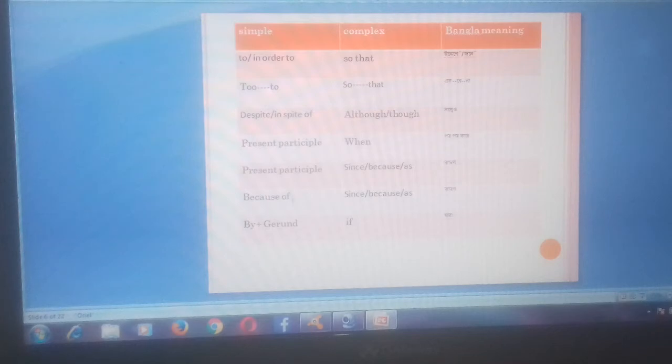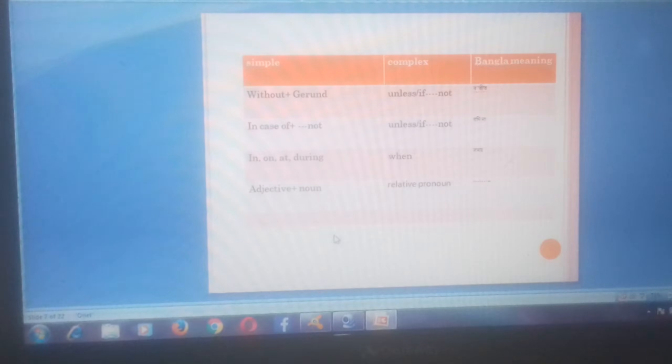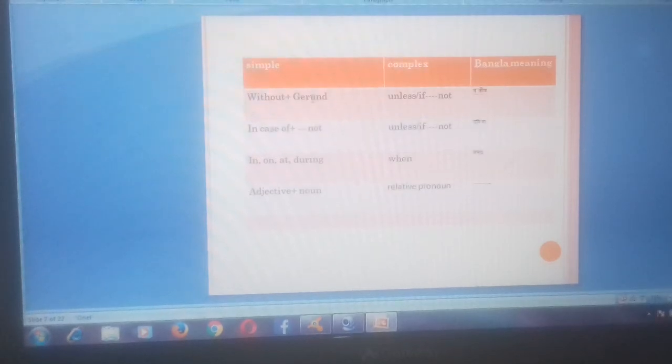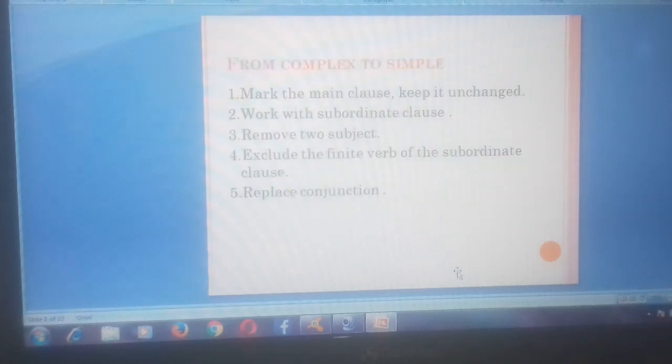In simple sentence, if it is by plus gerund, in complex we will use if clause, a conditional sentence it will become. If it is without plus gerund in simple, in complex it will be unless or if plus not. In the same way, if we find adjective plus noun in simple sentence, in complex sentence we will use relative pronouns.